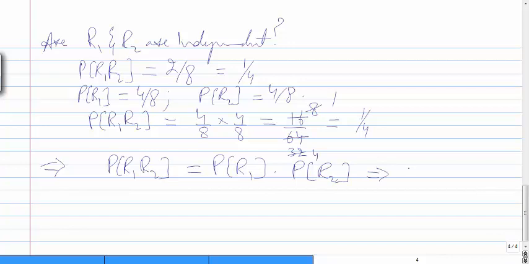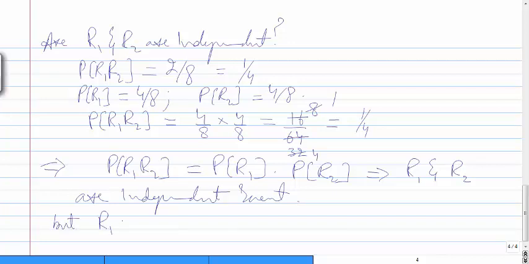This implies that R1 and R2 are independent events, and this is true because R1 represents the first light and R2 represents the second light, so they are independent. The important thing is that R1 and R2 are not disjoint events.